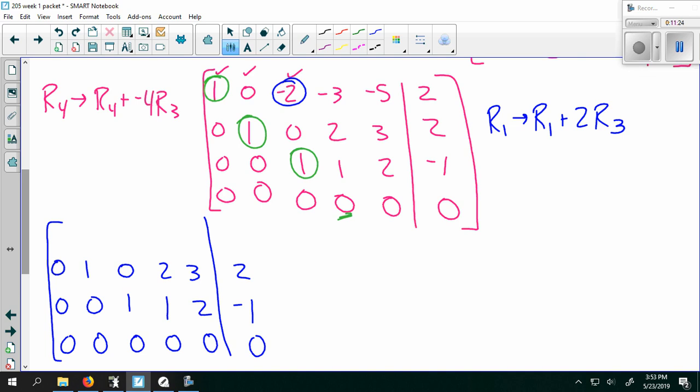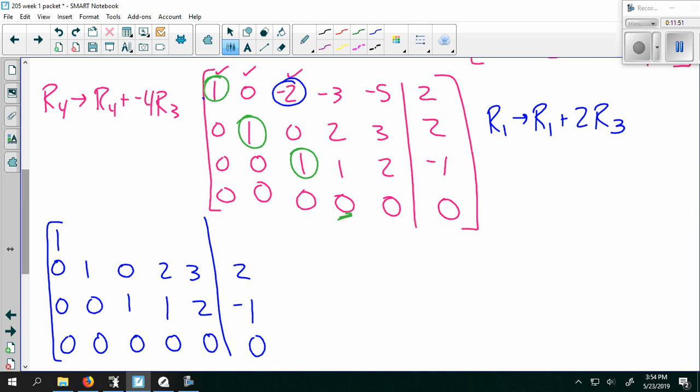So 1 plus 2 times 0 is still 1. 0 plus 2 times 1 is 2. -2. Oh, I used the wrong row. Row 1 plus 2 row 3.